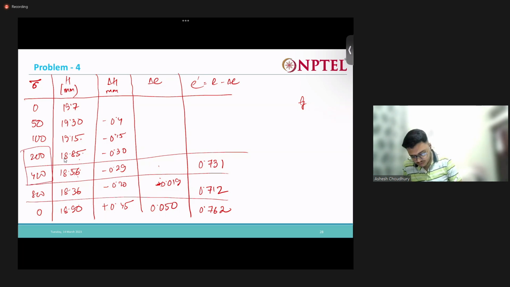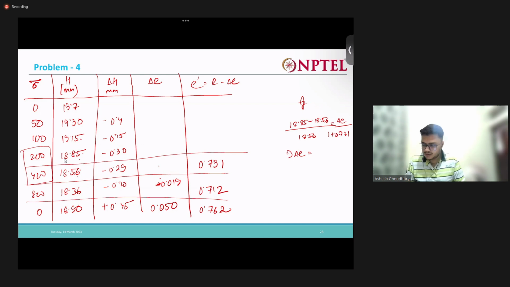If we do 18.85 minus 18.56 divided by 18.56, times 1 plus 0.731, the delta e should come out as minus 0.027.